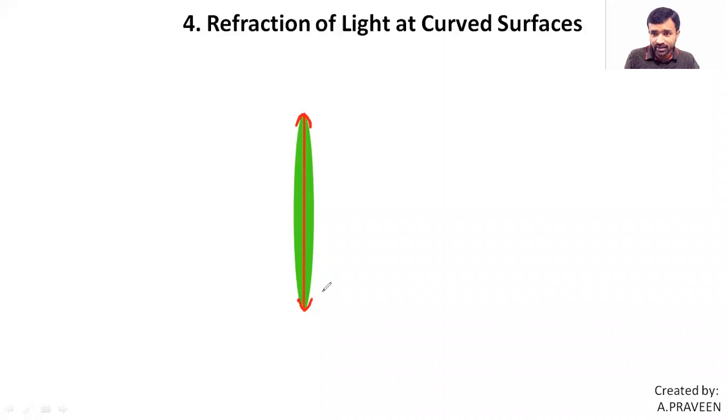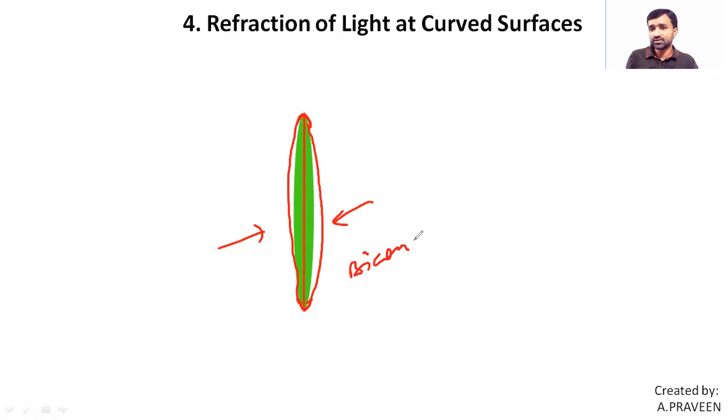If you draw a boundary from the top edge to the bottom edge, what lens will you get? Convex, convex surfaces. Both are convex, so we can call it biconvex. Is it clear?